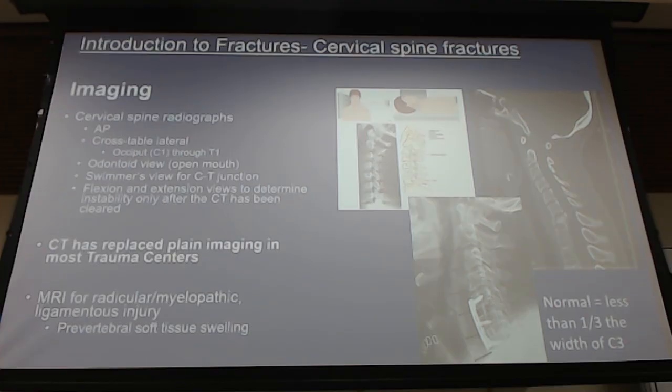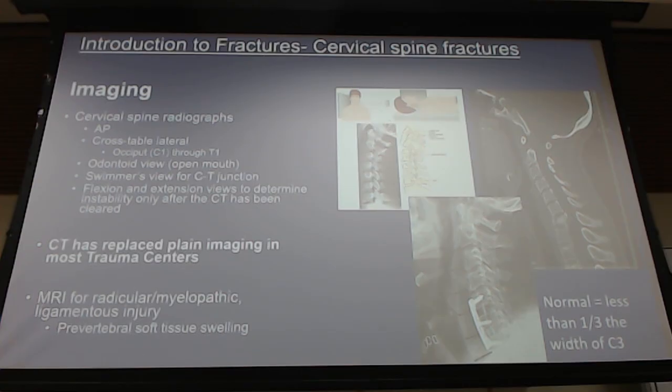Now, sometimes you may not see a fracture on your x-rays. However, a way that you can tell if a patient has a C-spine injury is if at the level of C3, soft tissue swelling is greater than 1/3 the width of a C3 vertebral body, right?